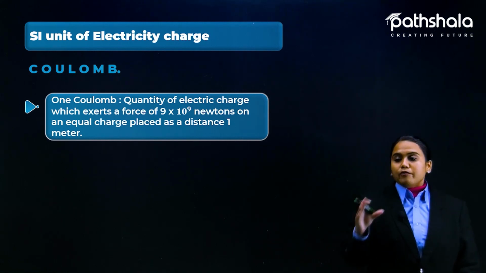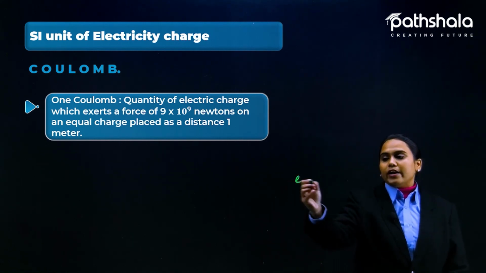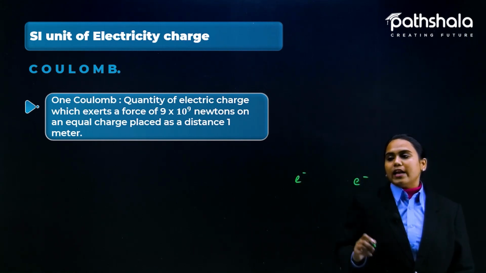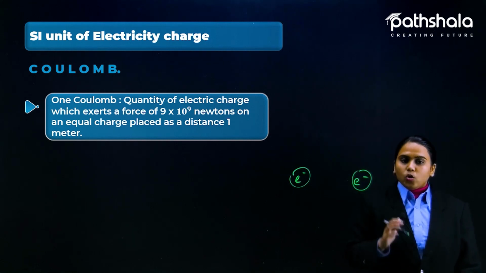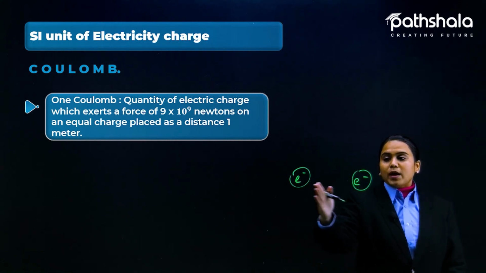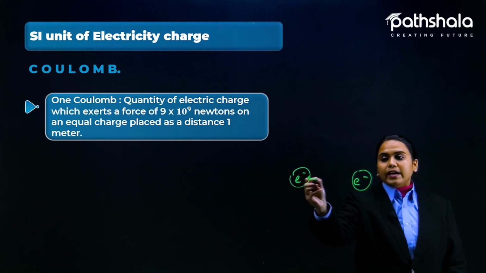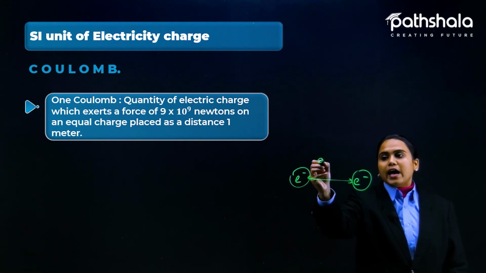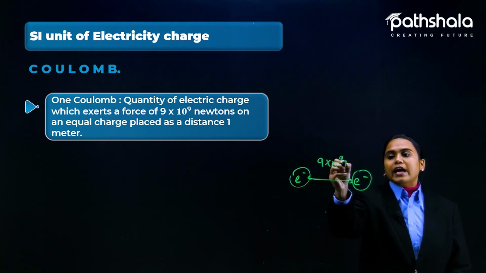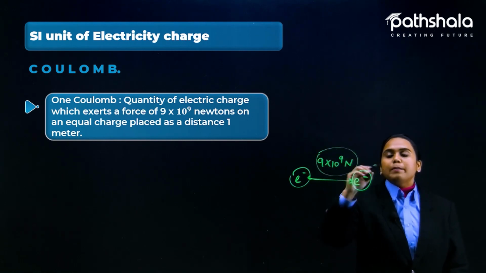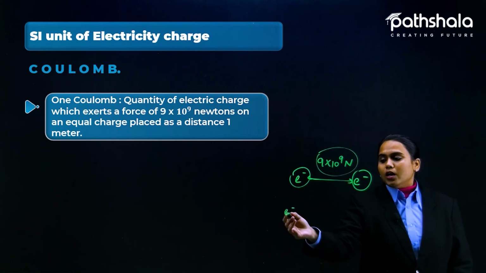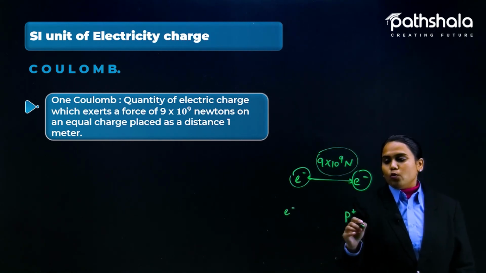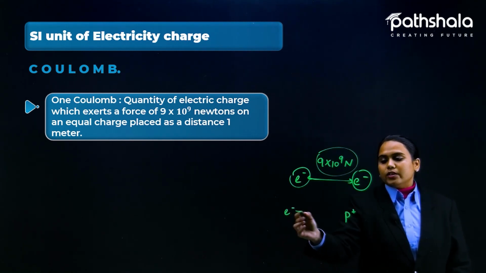Now imagine that there are 2 electrons and these 2 electrons are having some charged particle over them. Okay, and the charge between them, if it exerts 9 multiplied by 10 to the power 9 newtons of force of repulsion or attraction. If we are going to speak about electron and proton, let's suppose, they will attract each other.